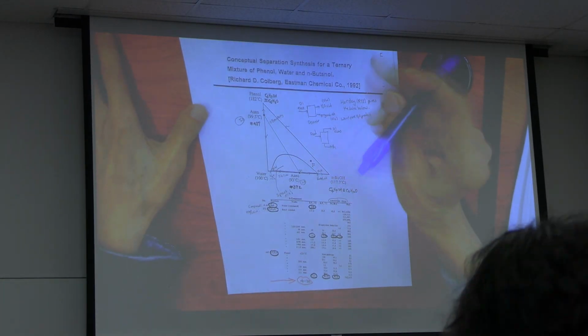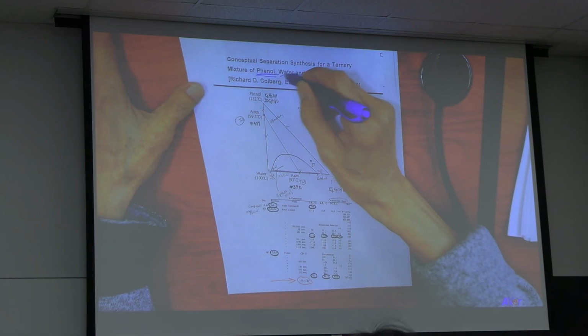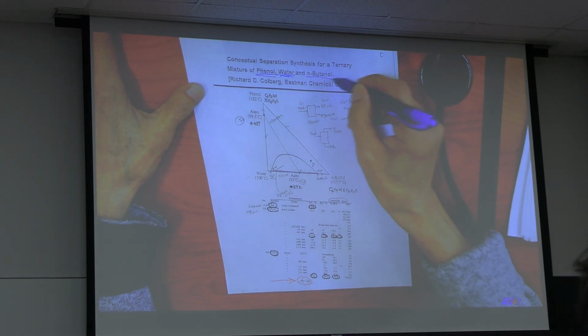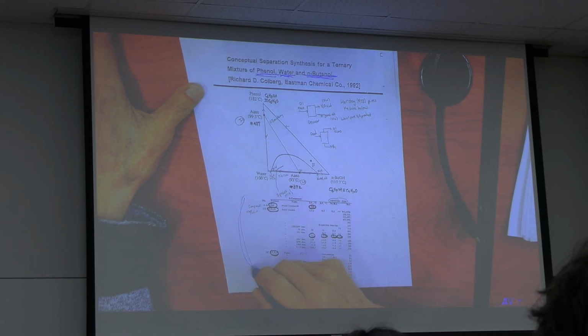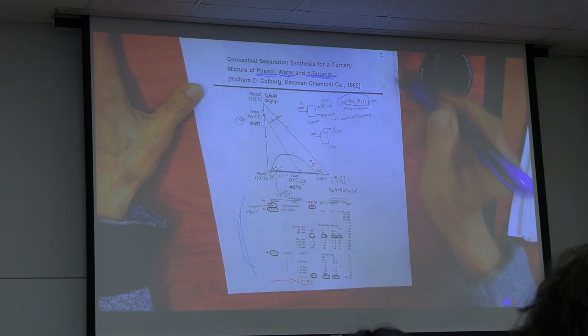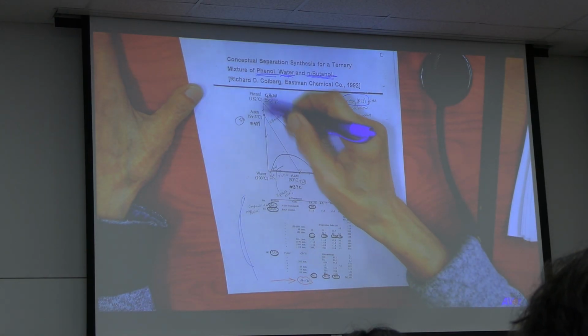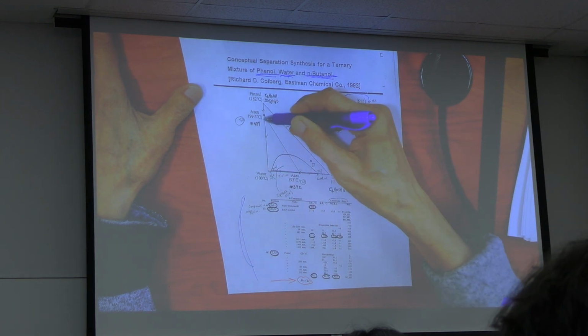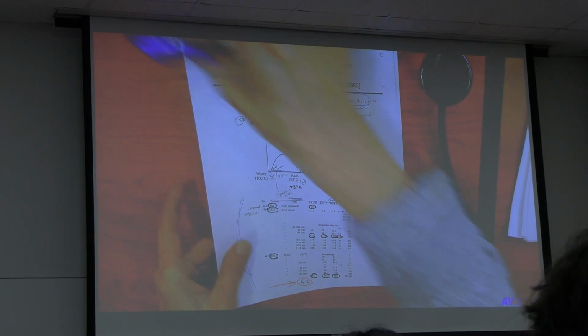Phenol, water, butanol. This is the old Hershey data book, but now you can get all the pure component boiling points and azeotropes from Aspen. Let's start from page 21.